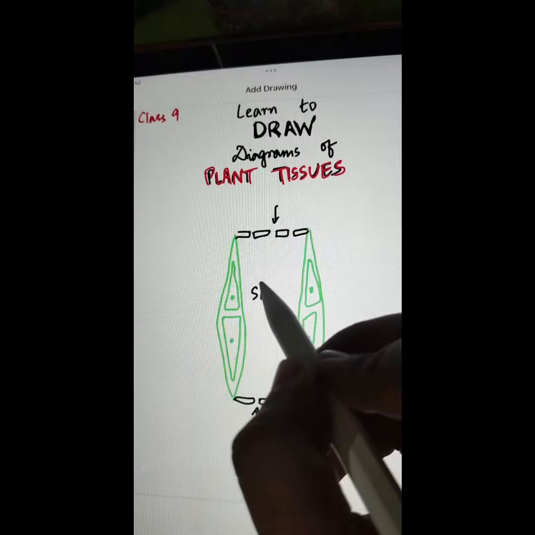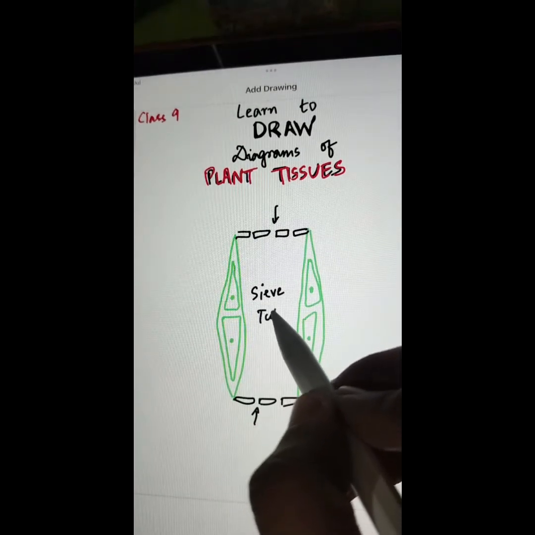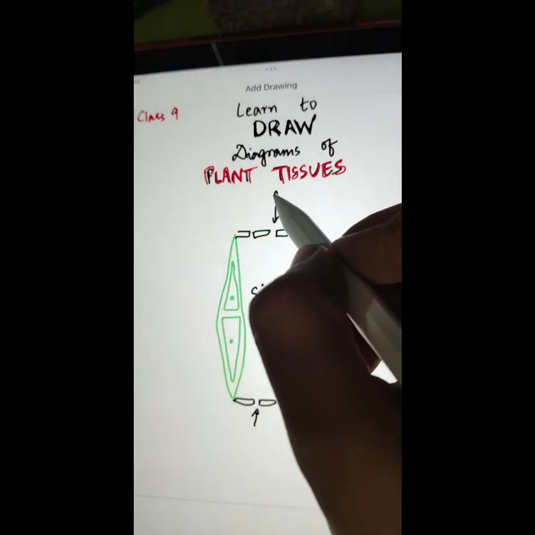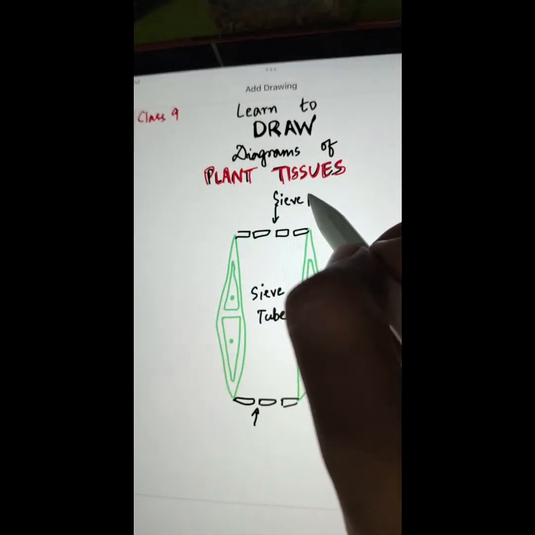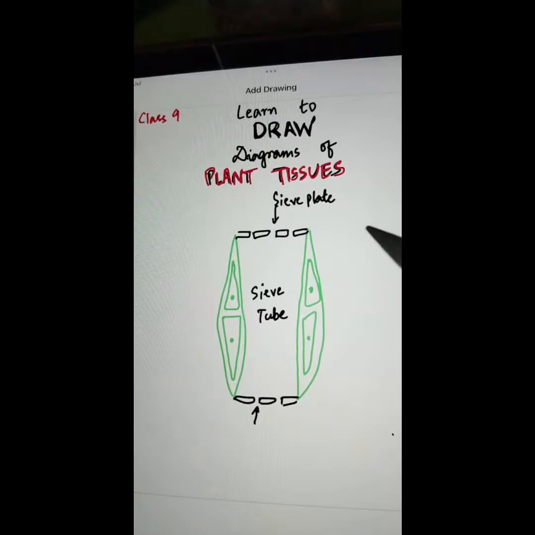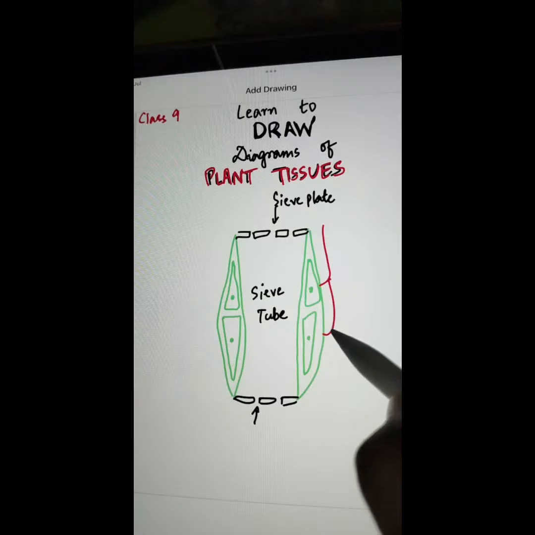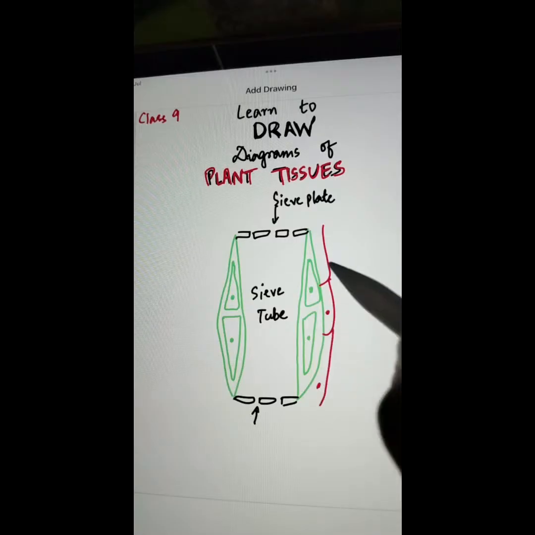So this is going to be my sieve tube. This is going to be the sieve plate, and just adhering to it will be the companion cell, and just close to this we will be having phloem parenchyma.